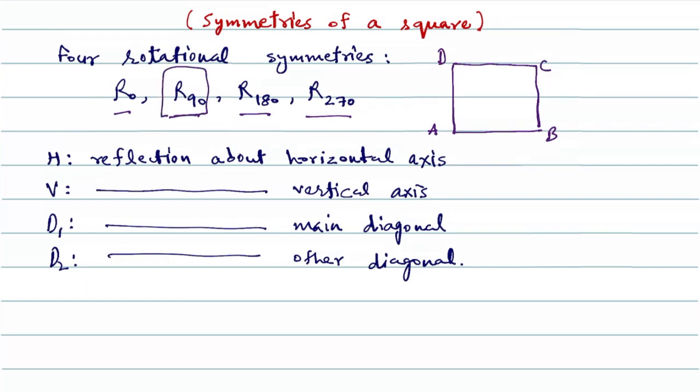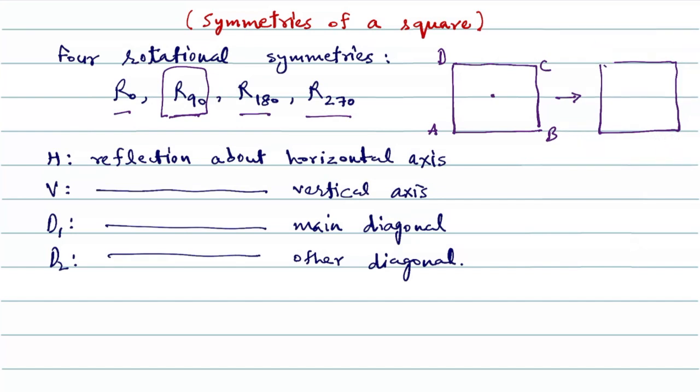It rotates the square by an angle of 90 degrees about its center. So ABCD transforms to this square. ABCD are cyclically changed. So A comes here, then B, C and D. So this is R90.